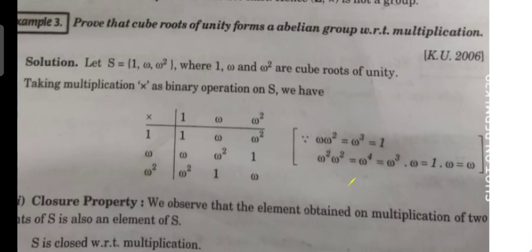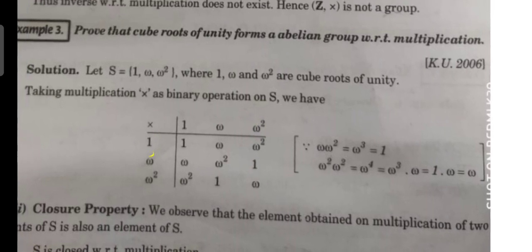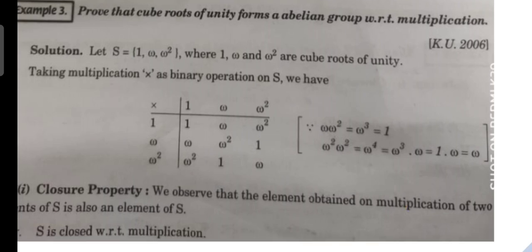So 1 is the inverse of itself. For the second column, it has omega above, and to the left side it is omega square. So the inverse of omega is omega square. Next, third column, it has omega square above, and to the left side it has omega. So the inverse of omega square is omega.